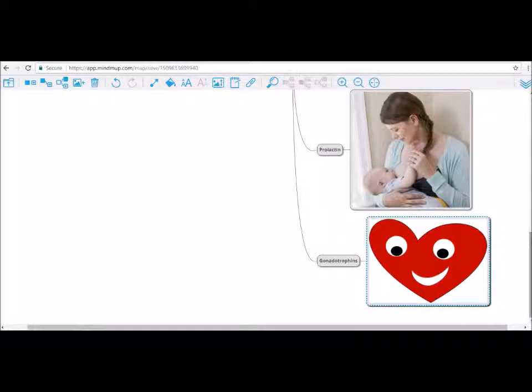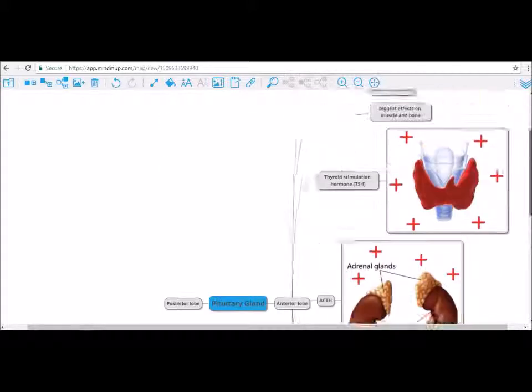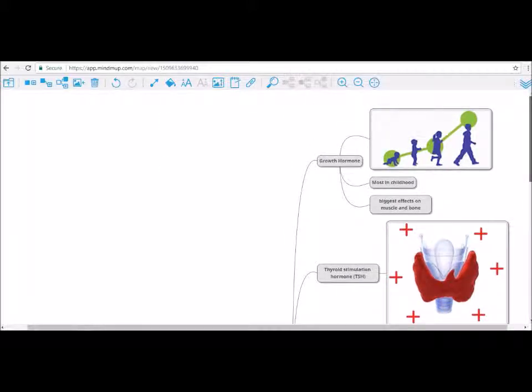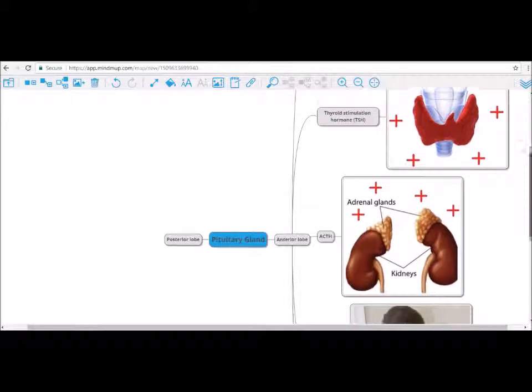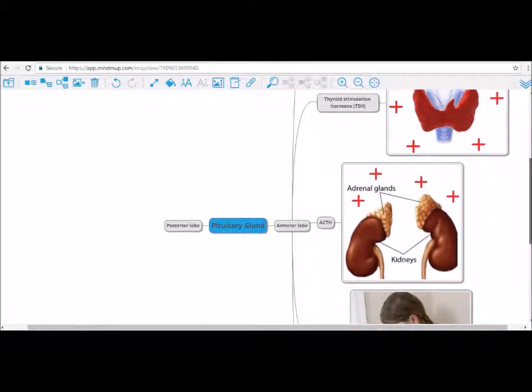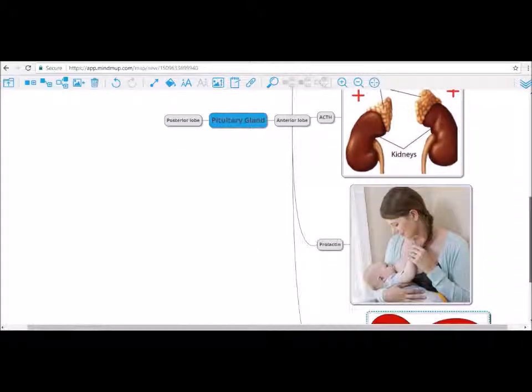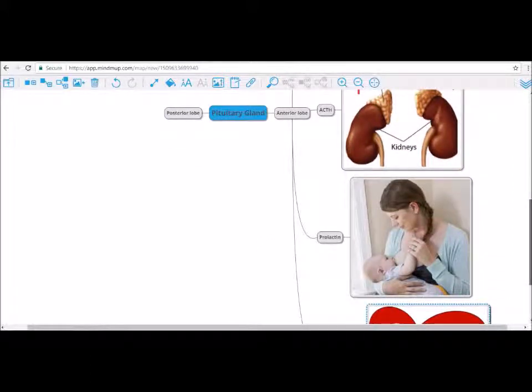So just to recap then, those 5 hormones that we're looking at for the anterior lobe of the pituitary gland are growth hormone that stimulates and regulates growth throughout childhood, thyroid stimulating hormone which stimulates the thyroid to produce its secretions, ACTH or adrenocorticotropic hormone which stimulates the adrenal cortex to produce its secretions, prolactin, which is a hormone found in women that encourages the development of breast tissue to produce breast milk.